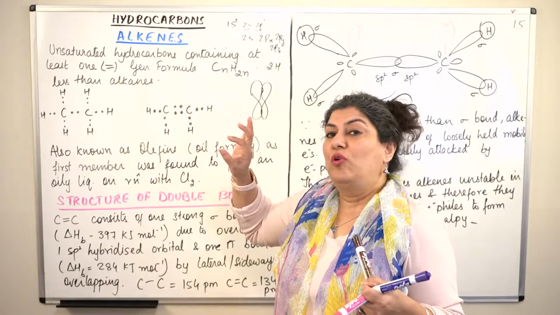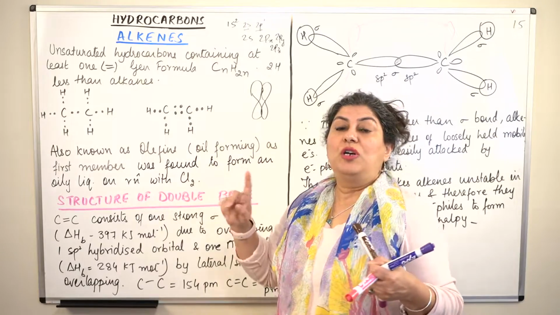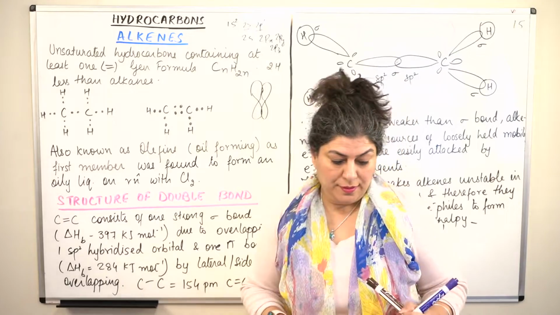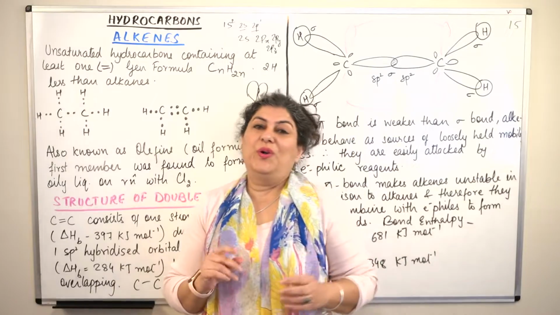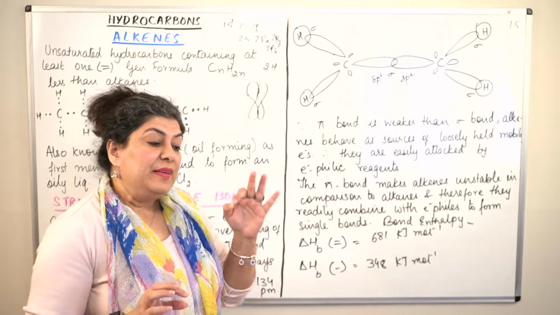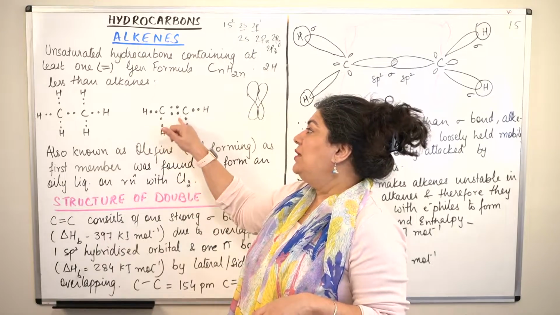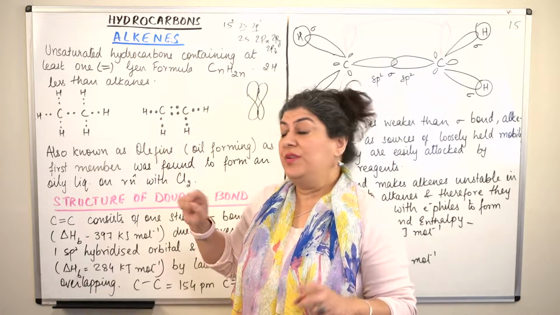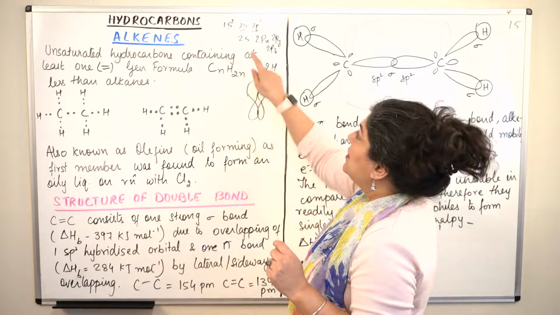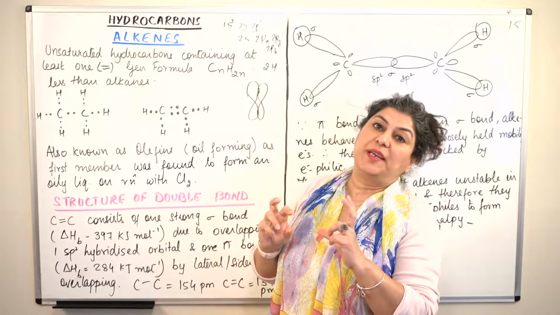In the case of olefins or alkenes, on the other hand, the carbon does not undergo sp3 hybridization. Alright, so I was saying that in the case of alkenes, the carbons that have the double bond between them do not undergo sp3 hybridization, rather they undergo sp2 hybridization. That is, one s orbital and only two of the p orbitals hybridize.